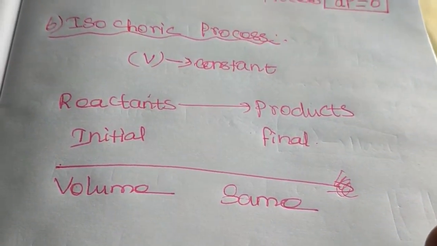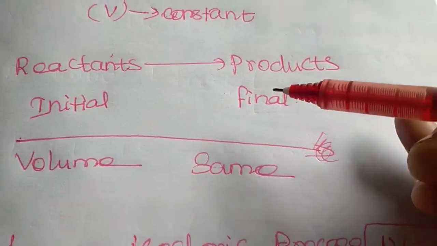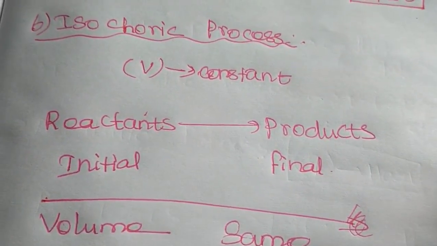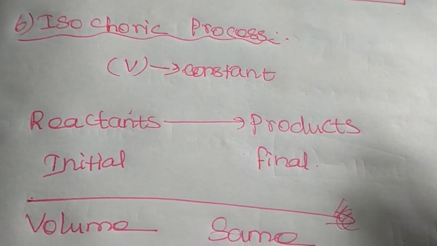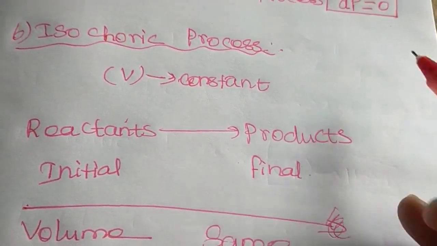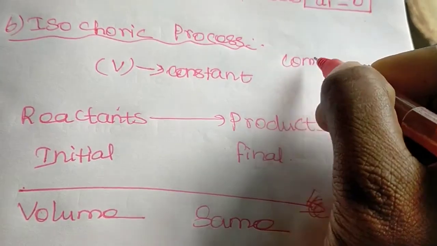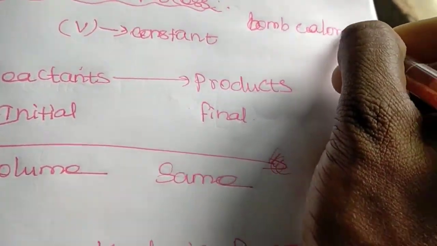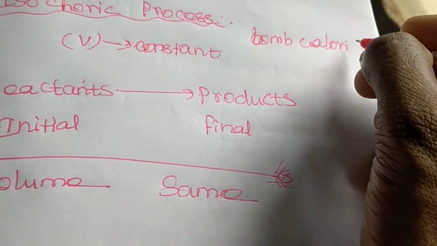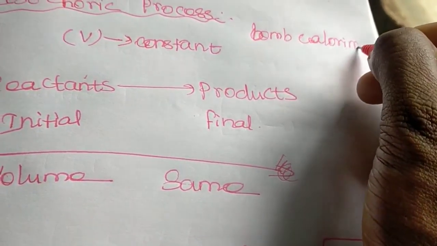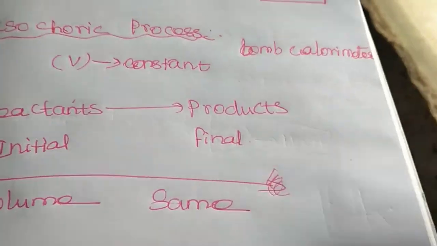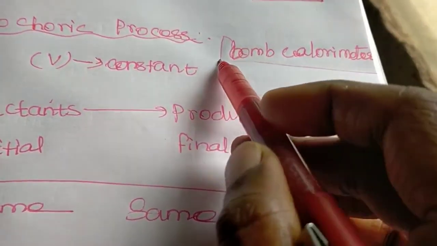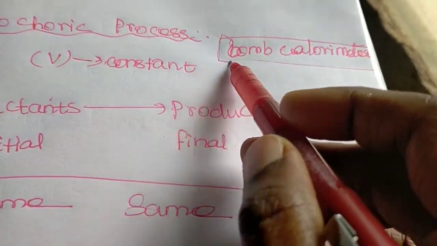How much fuel we have used in the bomb calorimeter is one measurement of this thermodynamic process. So that is one example, the bomb calorimeter, for the isochoric process.